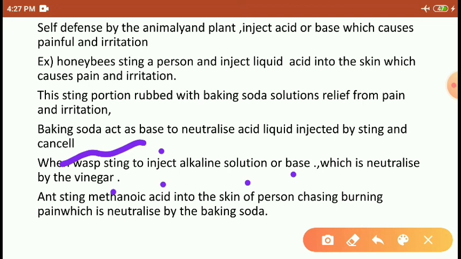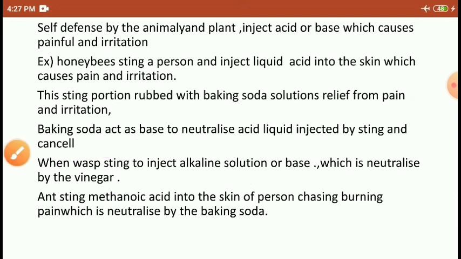When the stung portion is rubbed with vinegar, it neutralizes the base and gives relief from the pain.